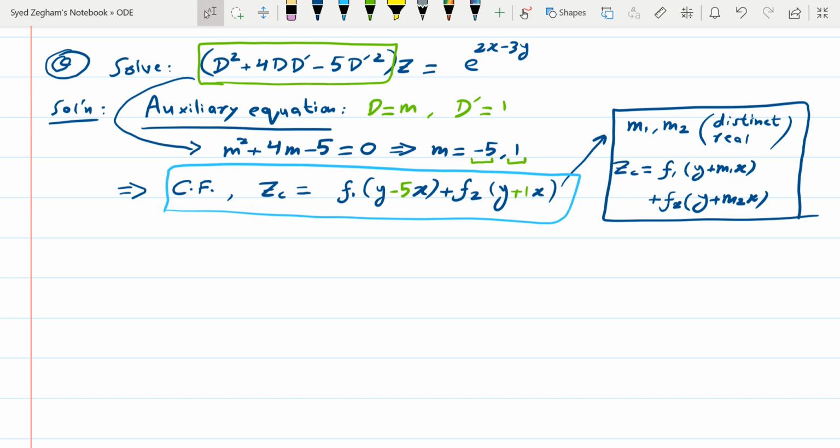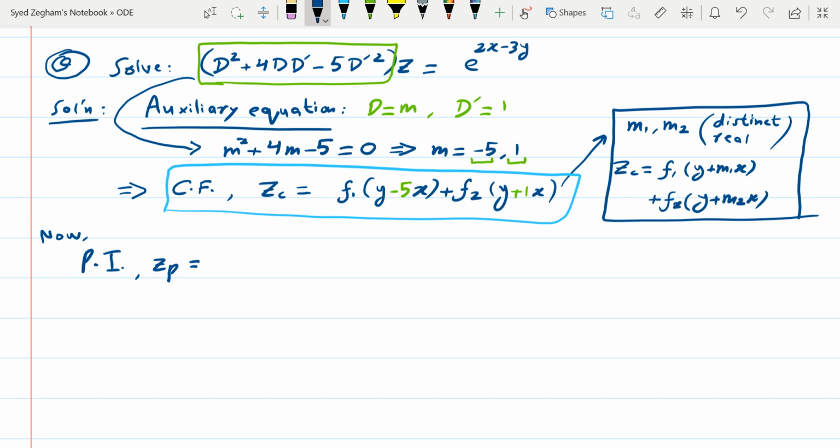Same language as we used while we were solving ordinary differential equations. After finding the complementary function, we used to find the particular integral. So this you can denote as PI. Okay. So now we are finding the particular integral. You can call it as Zp.